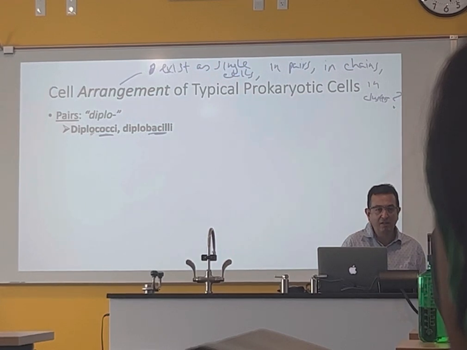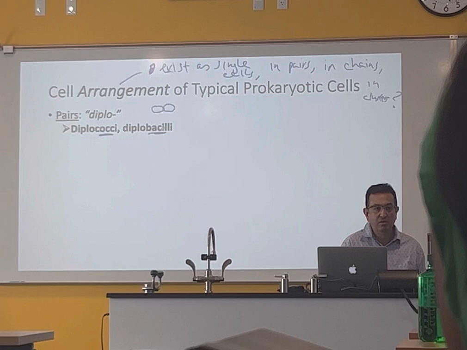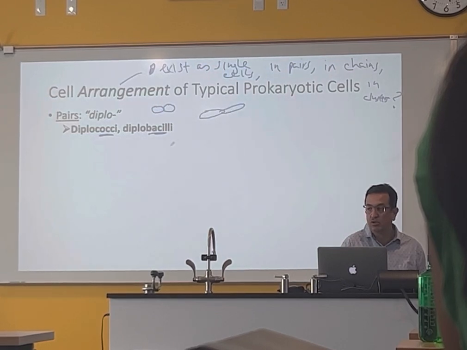Diplo means two, and cocci means round, spherical. That's diplococci. How about diplobacilli? Two what? Spheres? No, two rods. And the rods have to be written this way, end to end. And it's two of them.